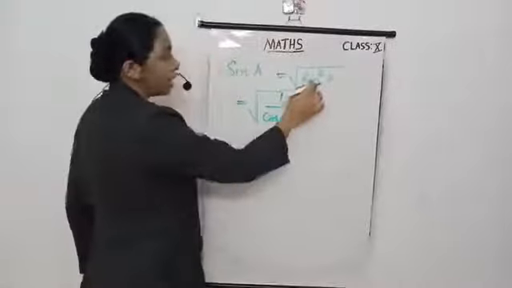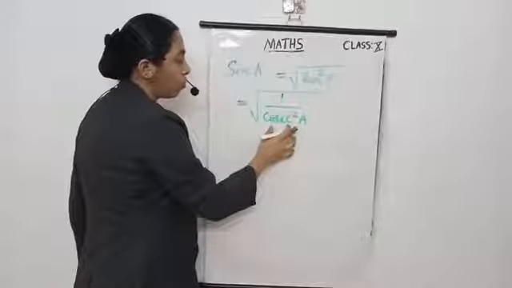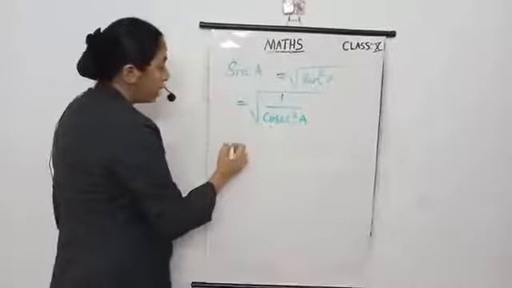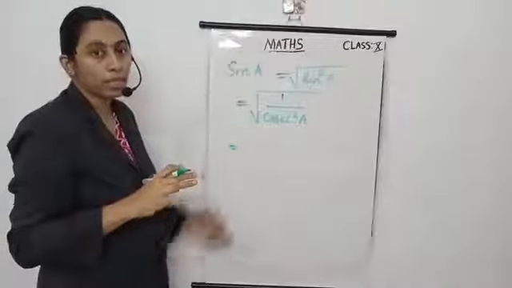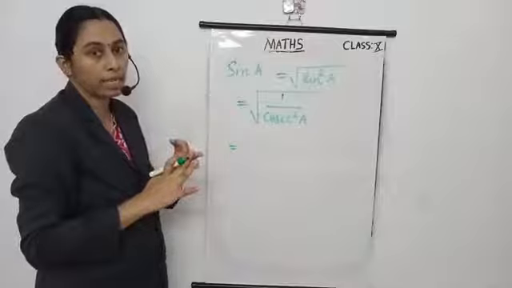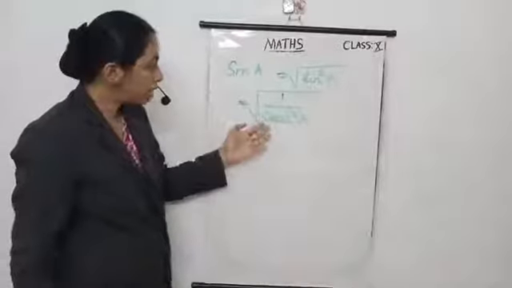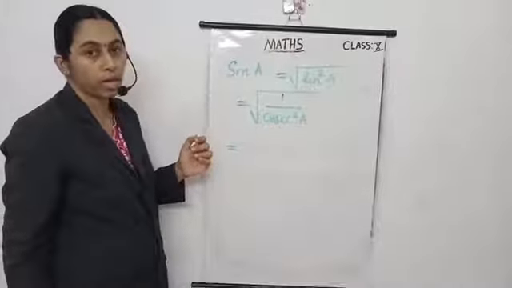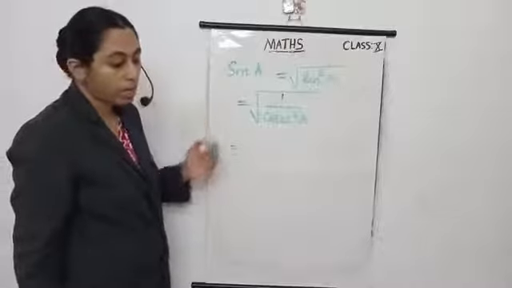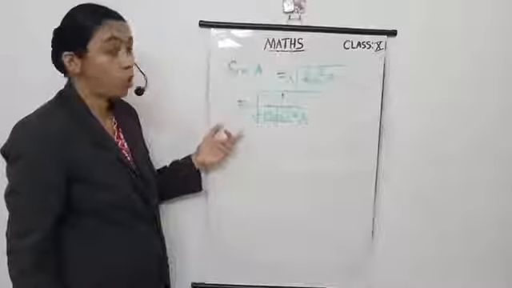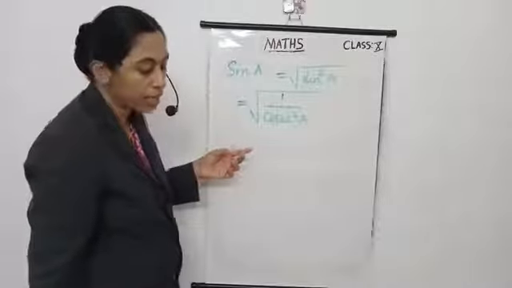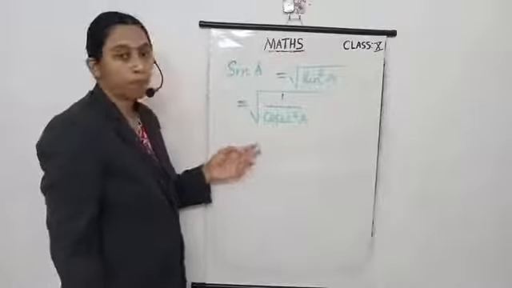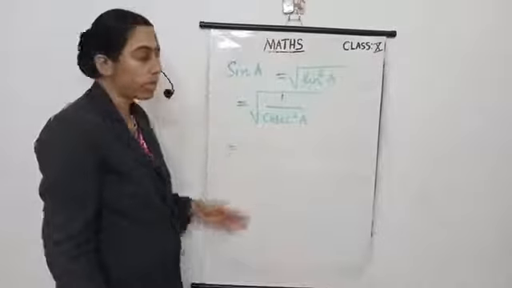This is the sin square A, so this is 1 by cosec square A. Now we learned 3 trigonometric identities, and one identity is related with cosec square A. Do you remember? Cosec square A is cot square A plus 1, isn't it? Third identity, cot square A plus 1 equal cosec square A.